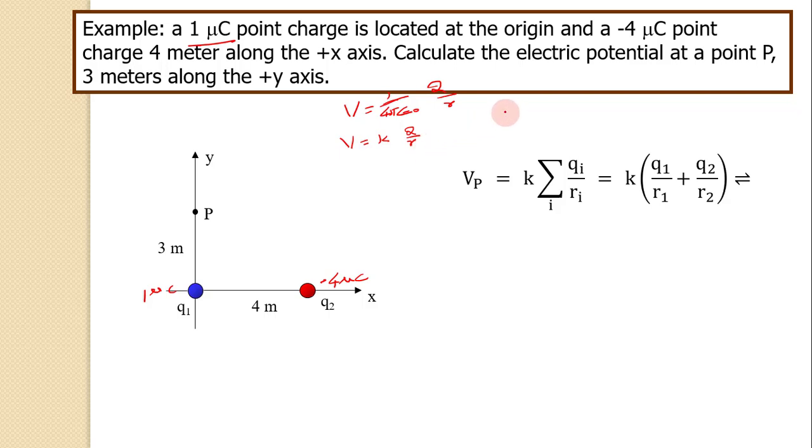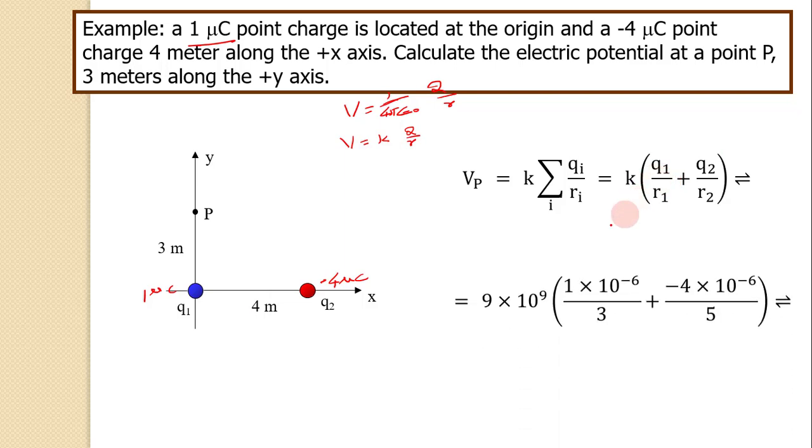If there are n number of charges, then in general we can write it in the form of a summation. K is the proportionality constant, 1 upon 4 pi epsilon 0, which is brought outside. Instead of Q, we can take small q here, so qi upon ri. Now in this case, there are two charges, Q1 and Q2.